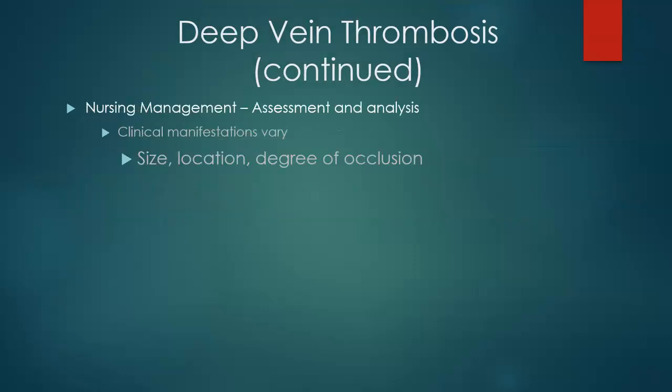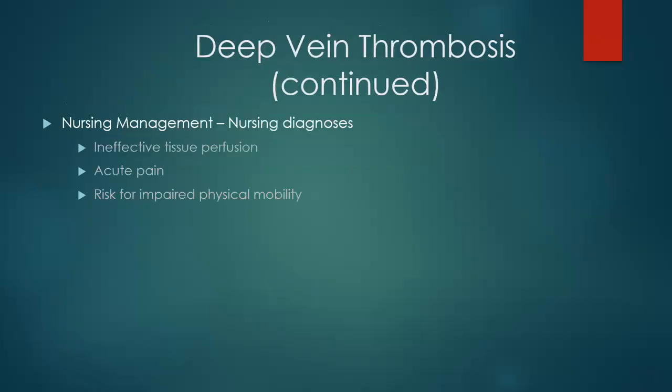Clinical manifestations, like I said earlier, vary depending on the size, location, the degree of the occlusion, and how well someone has collateral circulation. But they may complain of pain, redness, swelling, and warmth due to the obstruction.